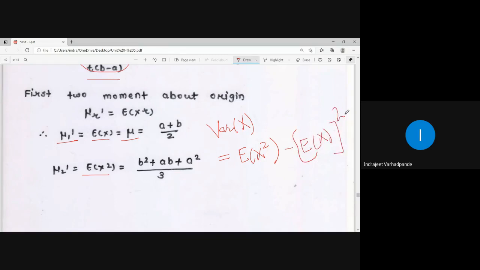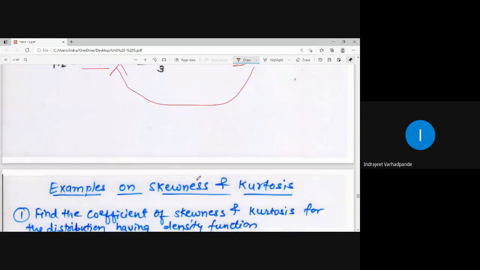So this is how the variance is calculated. For calculation of variance, we already have expectation of x square, and expectation of x square is nothing but mu2 dash, and hence the value I calculated after simplifying is b square plus ab plus a square upon 3. So this is how we can obtain the solution for the given problem.